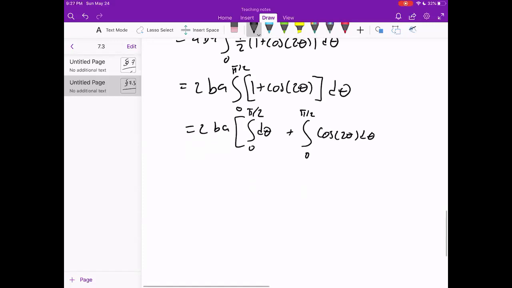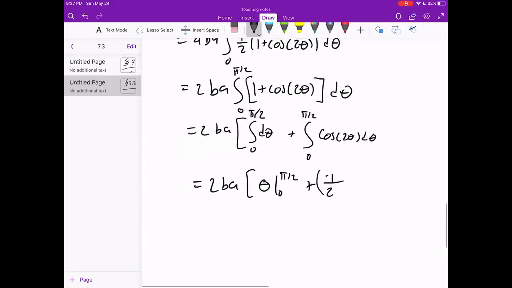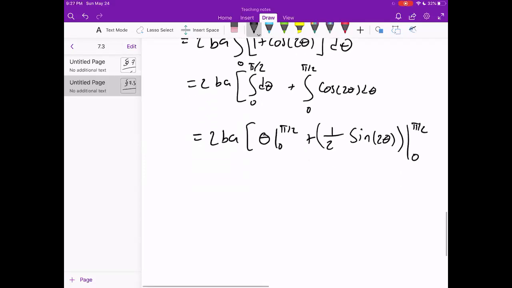All right, so let's do these integrals. This is 2ba. The integral of d theta from 0 to pi over 2 is theta evaluated from 0 to pi over 2. Cosine 2 theta, if you need the u substitution, you can do it. This is going to be negative 1/2. Sorry, no negative. So positive 1/2 sine of 2 theta evaluated from 0 to pi over 2. So this is 2ba.